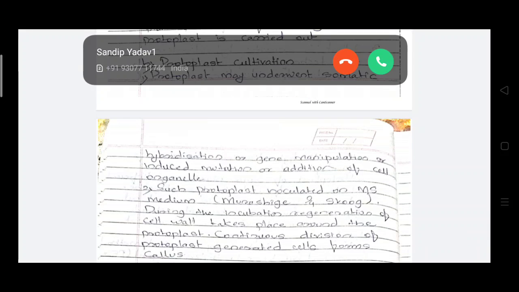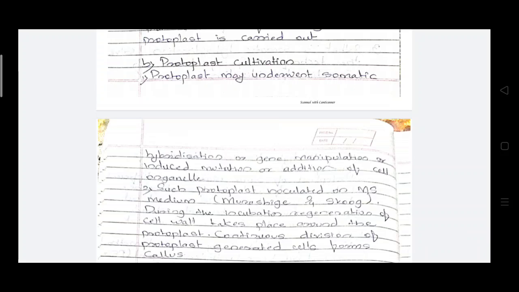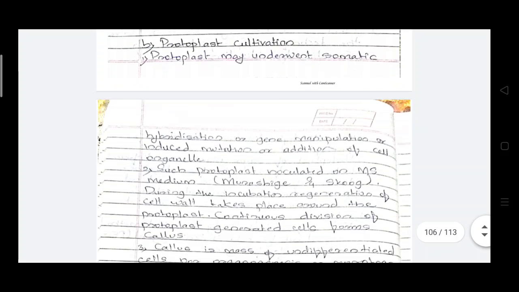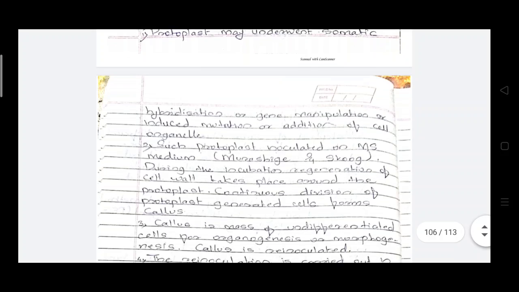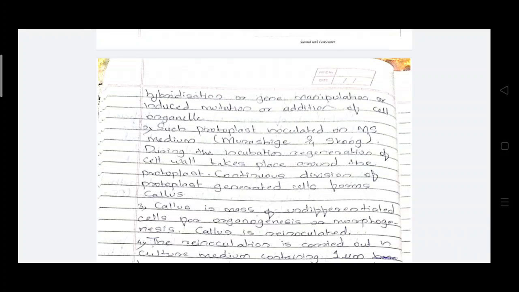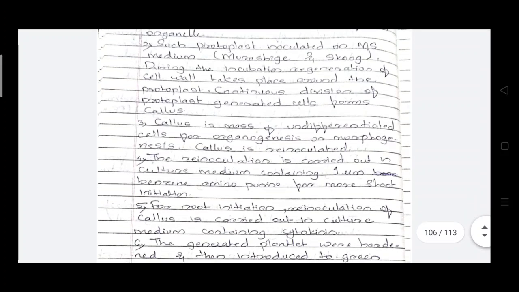Then we can cultivate this protoplast. For cultivation of the protoplast, MS medium, that means Murashige and Skoog medium, is mostly used for development of the callus. On this protoplast continuous division takes place and callus is formed from the protoplast.